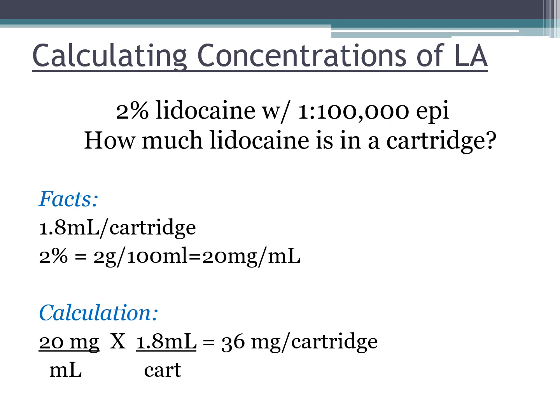So let's look at this. You have 2% lidocaine with 1 in 100,000 epinephrine. The question is, how much lidocaine is in a cartridge? Now, you know that each cartridge contains 1.8 mL. 2% equals 2 grams over 100 mL, which is equal to 20 milligrams per mL.